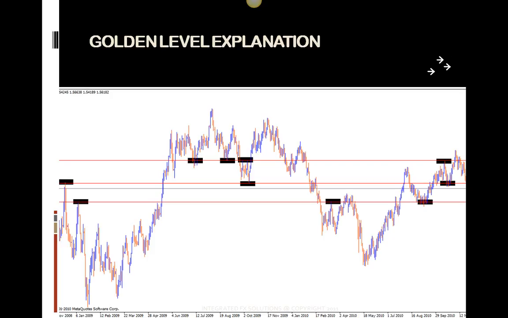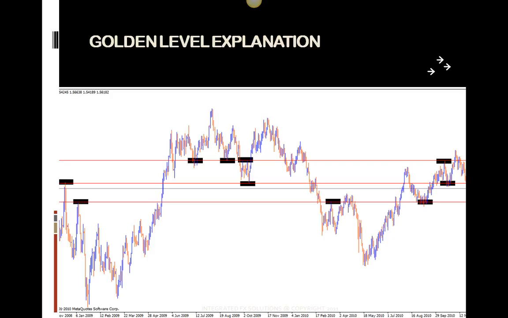Let's move on to the second level. The first box on the second level is a resistance level, and price moved again. The second box is a support, and that is a flip between support and resistance. Then the third box indicates a support.